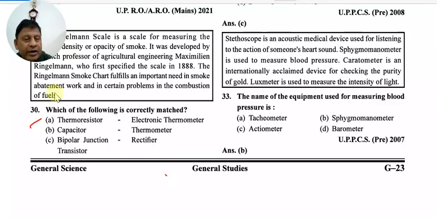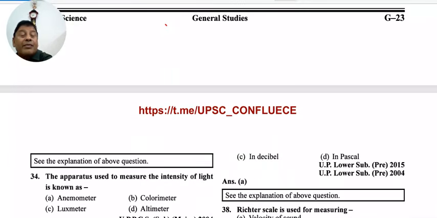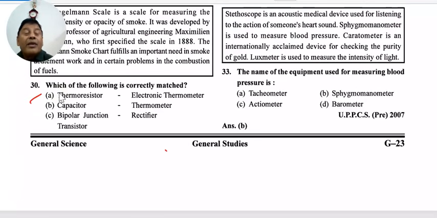Here, which of the following is correctly matched? हम देखें कि correctly match कौन सा है. जैसे हम यहाँ देखेंगे कि capacitor, thermoresistor, bipolar junction transistor as the rectifier, और ये capacitor, correctly matched.